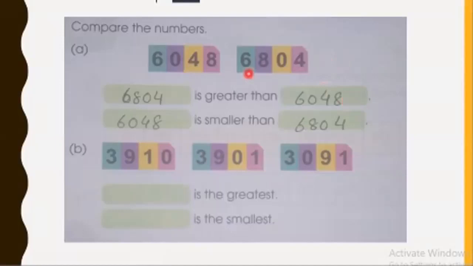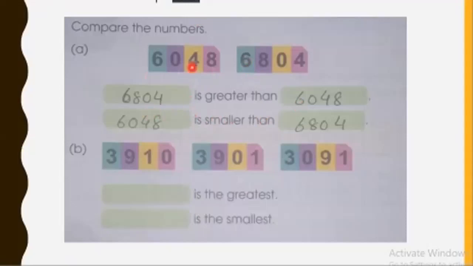And as I explained to you in the classroom, their place values matter a lot. So first read the number, 6048, and the second number is 6804. So let's move to the first one. Dash is greater than dash.